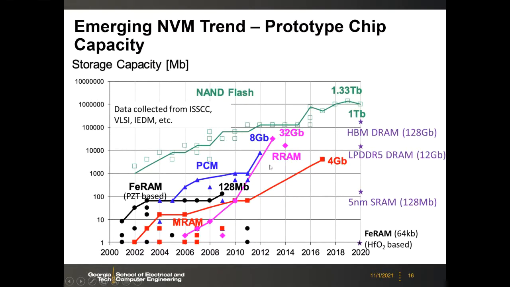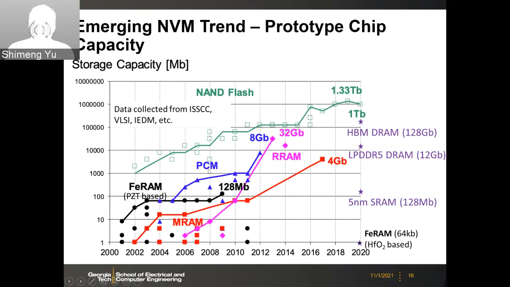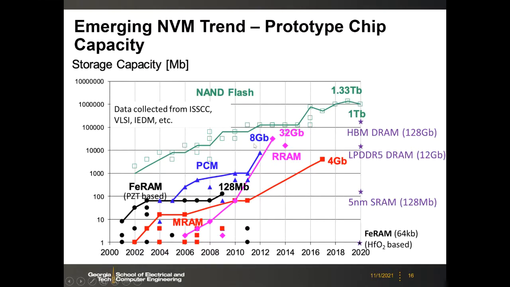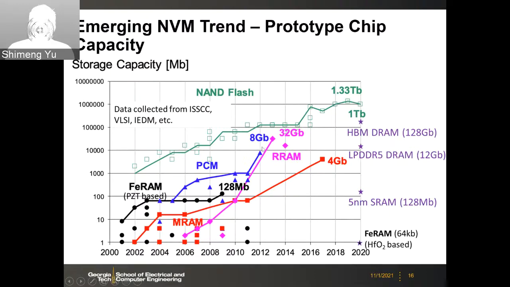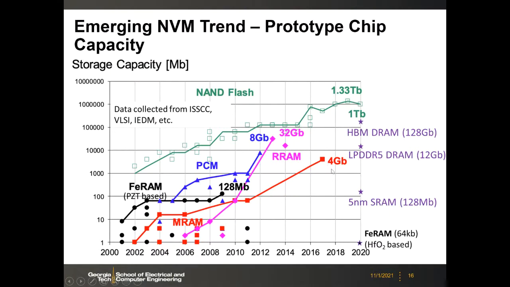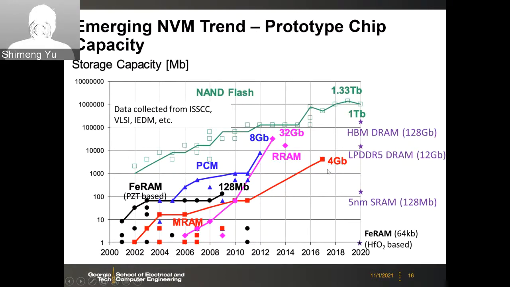And then the emerging non-volatile memory: the biggest is the 32 gigabit RRAM reported a few years ago by SanDisk. And the phase change memory, 8 gigabit, reported by Samsung a few years ago. And the STT-MRAM, like 4 gigabit, reported probably by Everspin, a startup company.